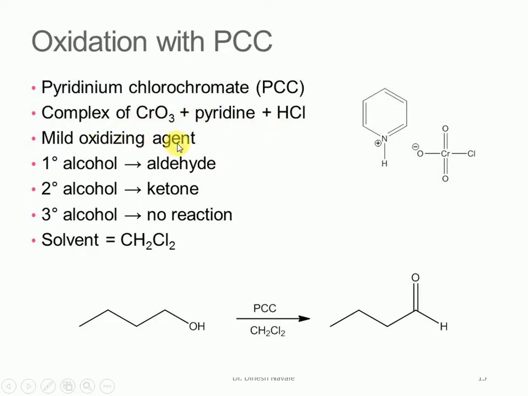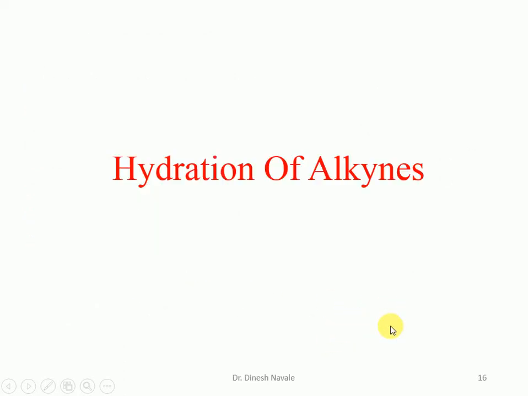It is a mild oxidizing reagent which oxidizes only primary alcohol to aldehyde and secondary alcohol to the ketone, and for tertiary alcohol there is no reaction with PCC. The solvent normally utilized is dichloromethane, and here butyl alcohol will be converted into butanal, that is the aldehyde, by using PCC.